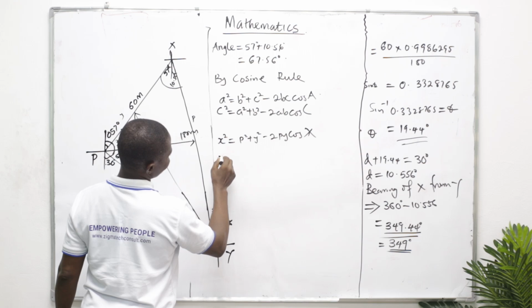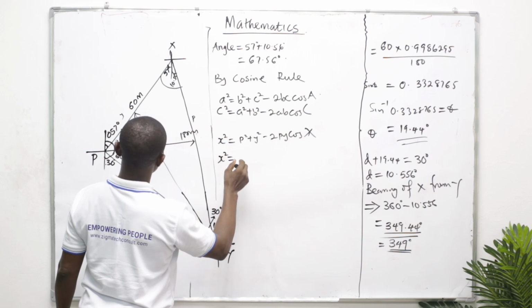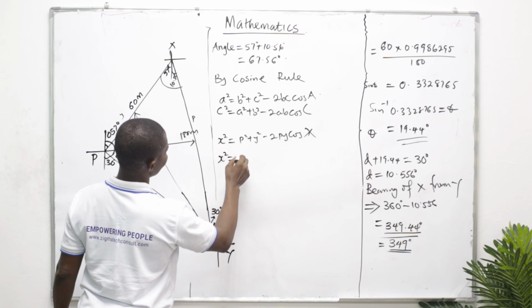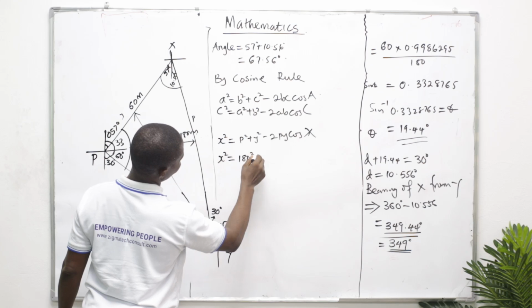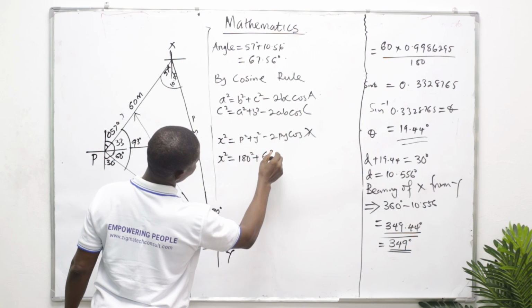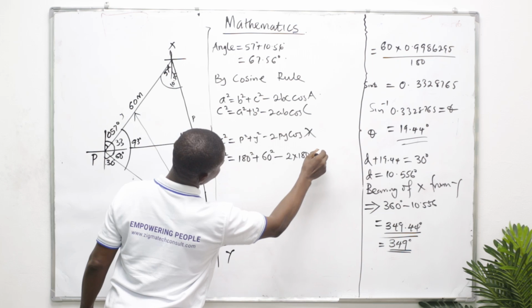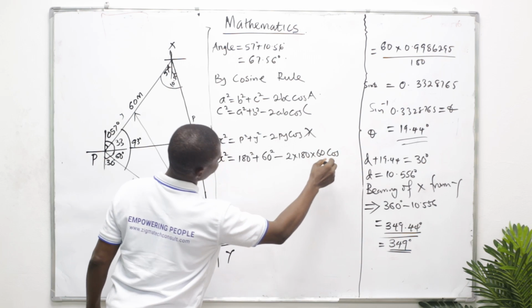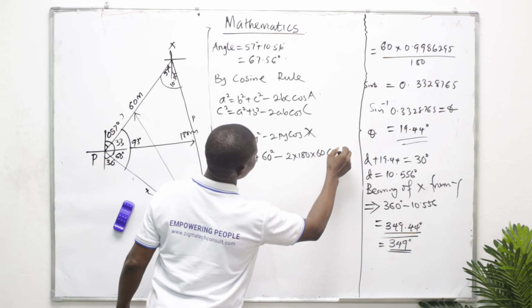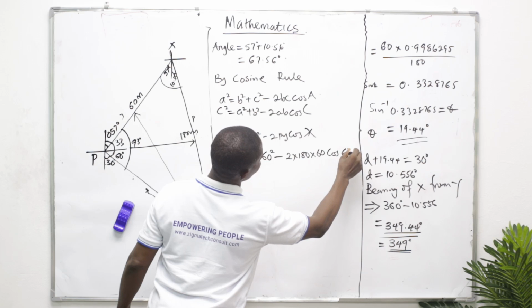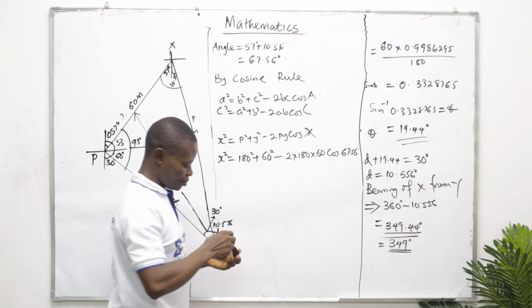Now, s squared equals 180 squared plus 60 squared minus 2 times 180 times 60 cos 67.56 degrees.